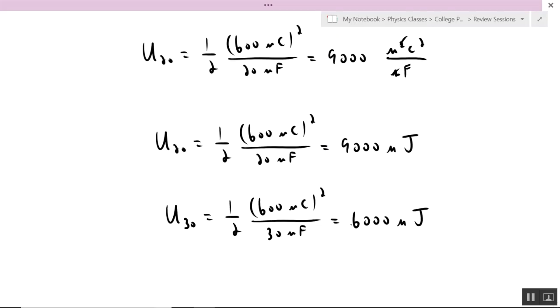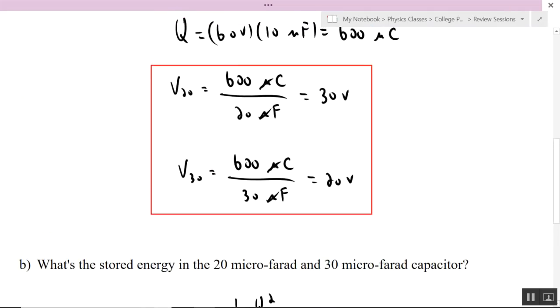The other way you could have done it, by the way, because any of the equations for stored energy works, is 1/2 CV squared, and you know the V because we got it last time. So for instance, for this one, you could use 1/2 CV squared. So it's 0.5 times 20, times 30 squared.